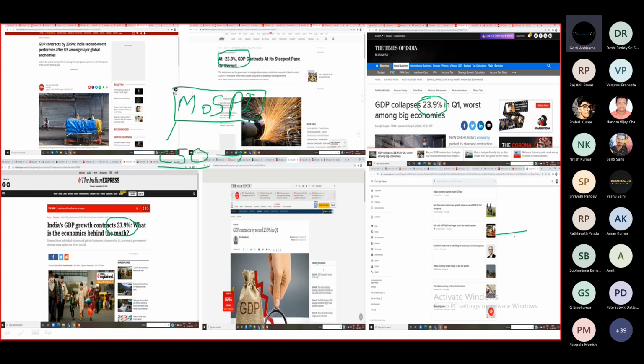Not only for India, we'll have an overview in general, where we'll understand how this GDP, which is part of what we call national income accounting. National income accounting is conducted by all countries, most of the countries in the world.